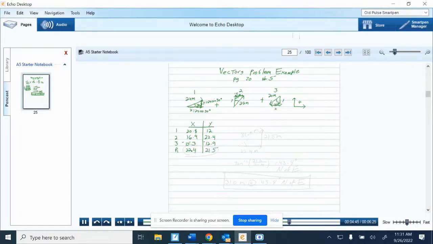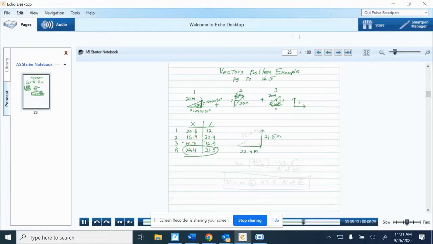Now we use these resultant components to get the resultant vector. The x component of the resultant is positive, which means it should go to the right 22.4 meters. And then from there, we're going to go 21.5 meters upward because y is also positive.